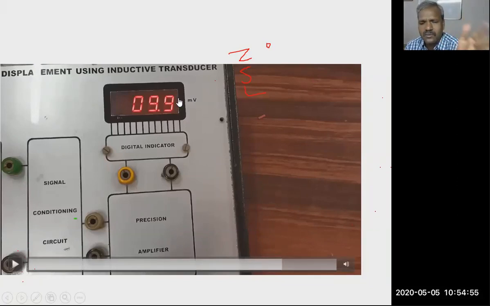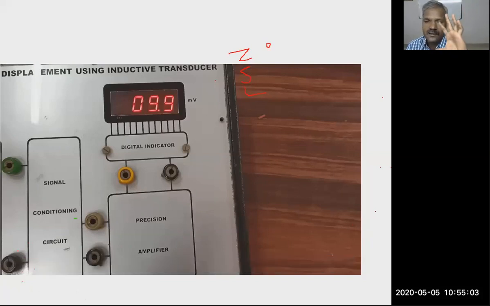Similarly, you have to calibrate this setup, it will take nearly 4 to 5 times, to get the consistent zero output and 10 millivolt at 10 mm displacement. This is the simple inductive transducer we are using in our transducer and measurement laboratory. Understand? This is a simple inductive transducer.